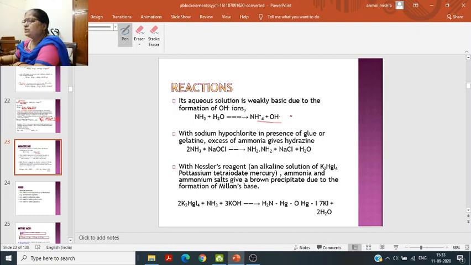So due to the presence of hydroxyl ion, it is weakly basic in nature. Now when it combines with sodium hypochlorite, it forms hydrazine.